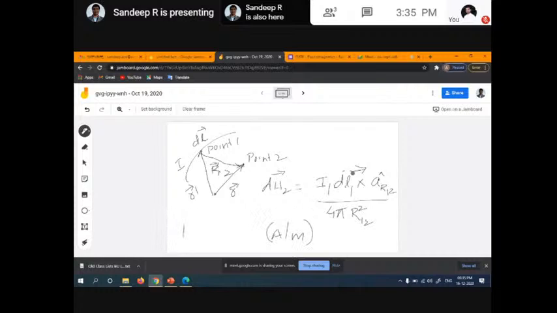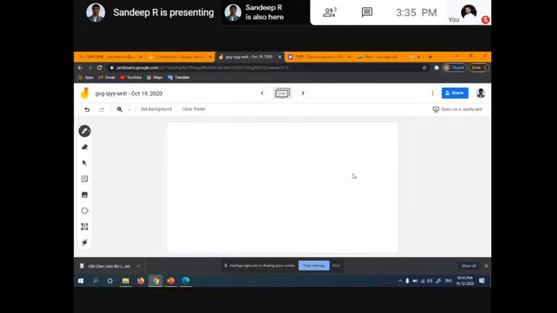Now, the vector R12 is similar to what we had written in Coulomb's law, which is nothing but vector R minus vector R prime. And here, whatever I have written as R is nothing but the magnitude of R12. Now, I have considered a differential current element.